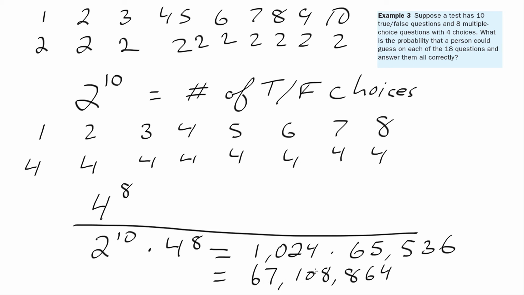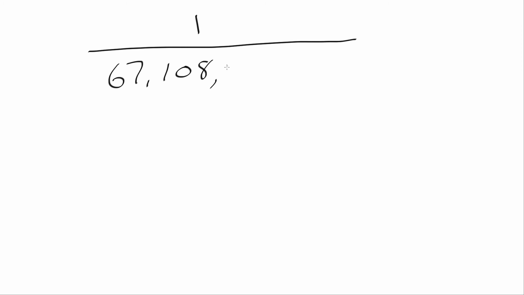Now, what we were asked is, what's the probability of answering them all correctly? Well, out of the 67,108,864, there is only one way to answer them correctly. So our one way to answer them correctly out of 67,108,864 equals, this is a very small number.